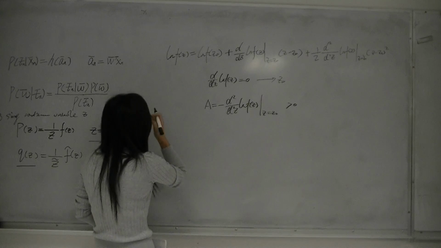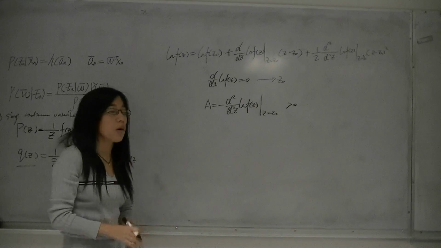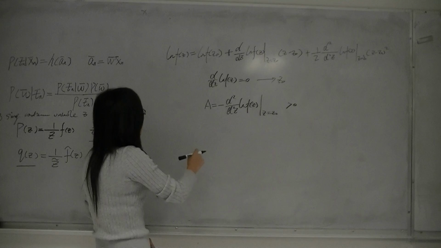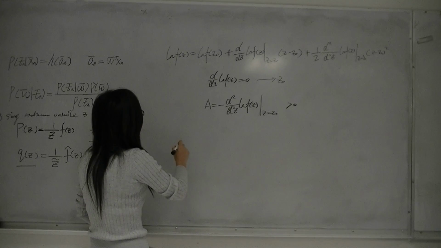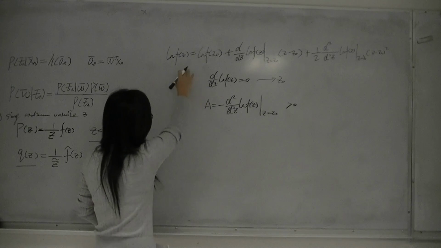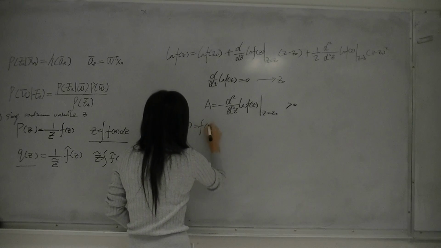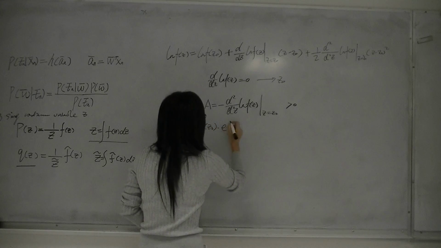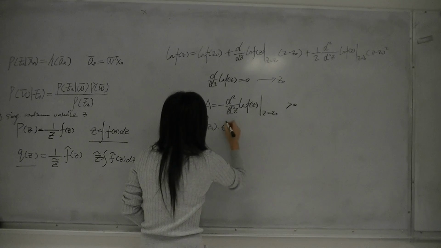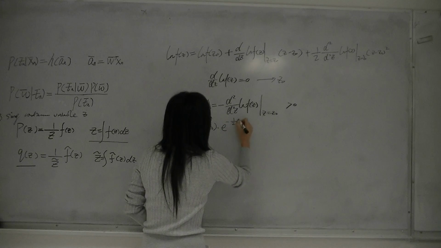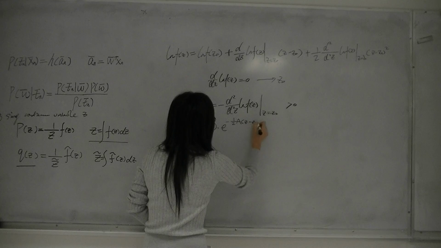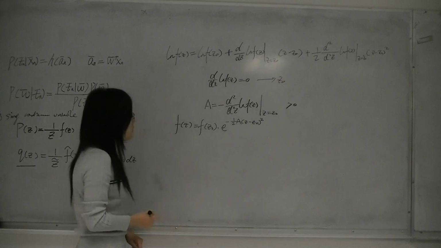Then we take the exponential on both sides of this equation, and we get f(z) approximately equal to f(z_0) times the exponential term.